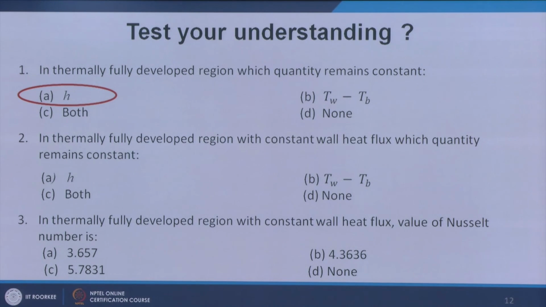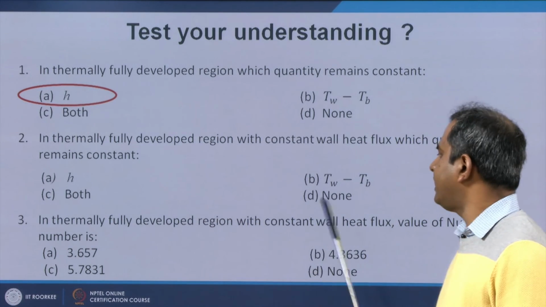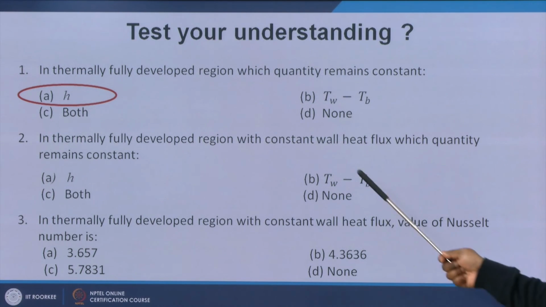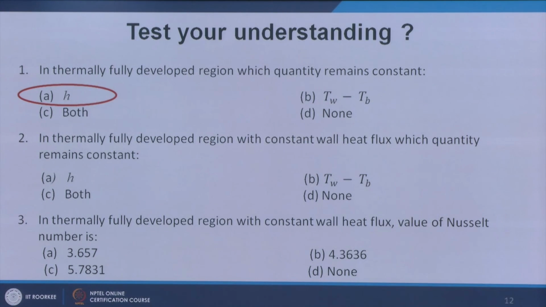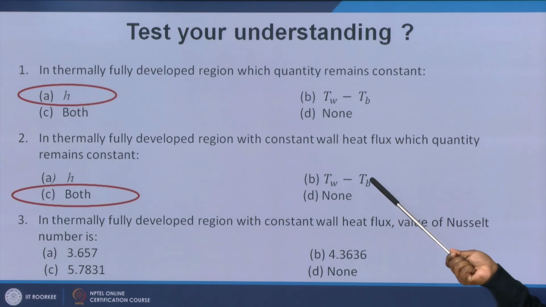Options are more or less the same: H, TW minus TB, both and none. We have proved that in case of constant heat flux and thermally fully developed region, TW minus TB is also constant. So the correct answer is both H as well as TW minus TB remain constant.